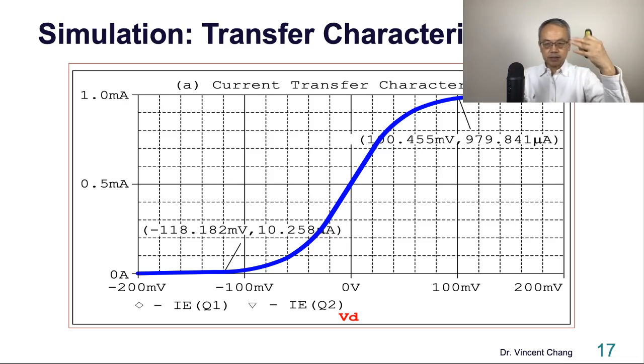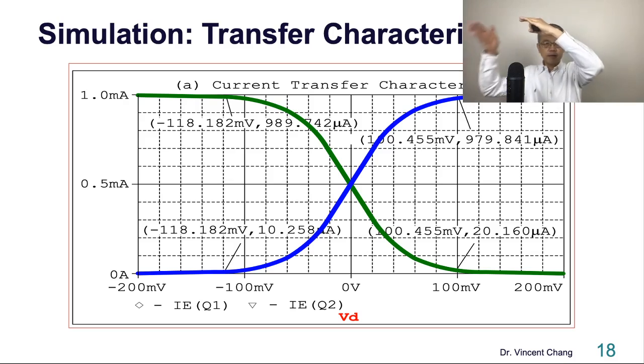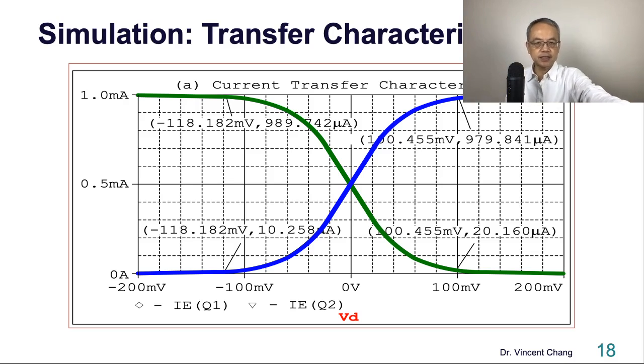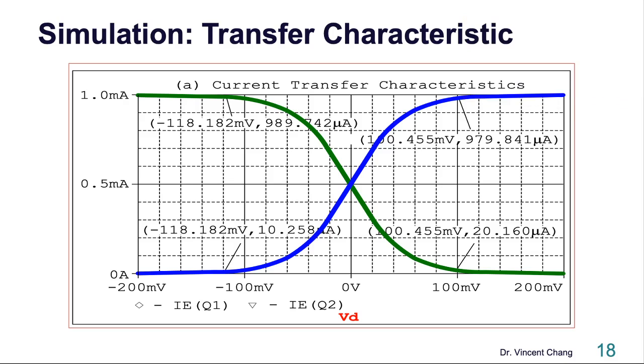Let me go a little bit deeper by using the simulation result. This is the result from the SPICE simulation, the transfer characteristic. You see this big X. I want you to get a little bit more familiar, get a sense of what is big and what is small.